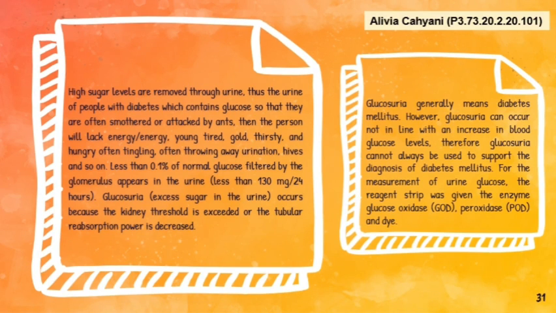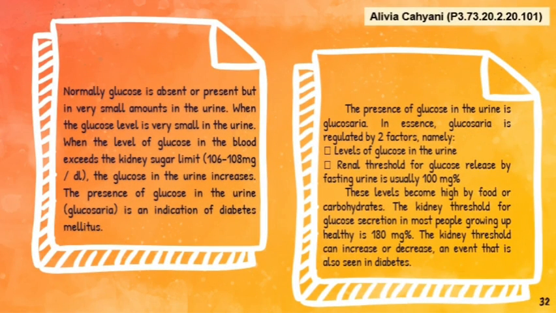For the measurement of urine glucose, the reagent strip contains the enzyme glucose oxidase (GOD), peroxidase (POD), and dye. Normally, glucose is absent or present in very small amounts in the urine.